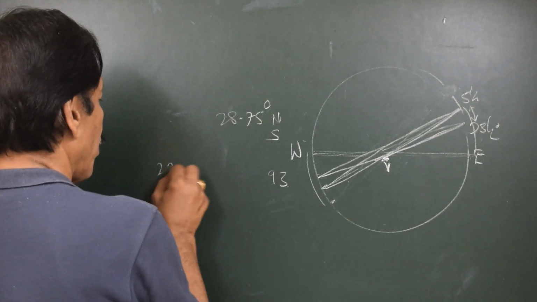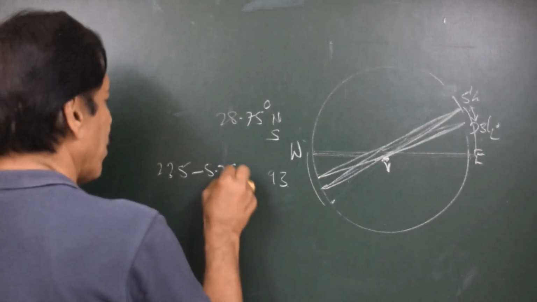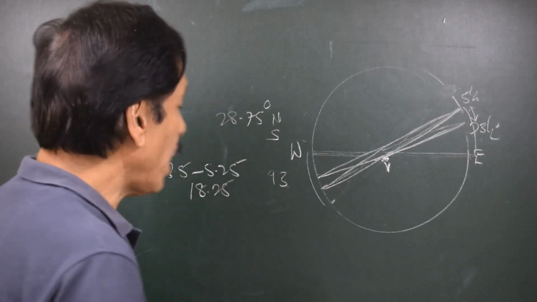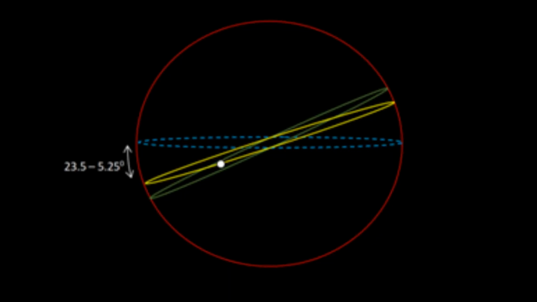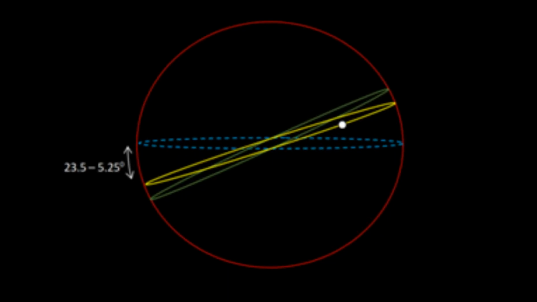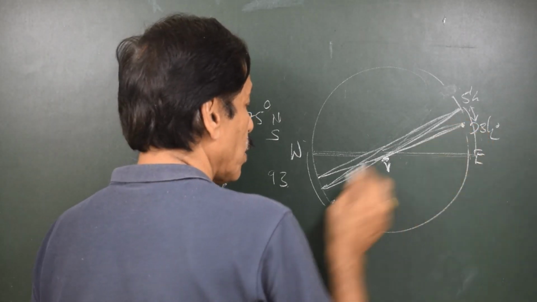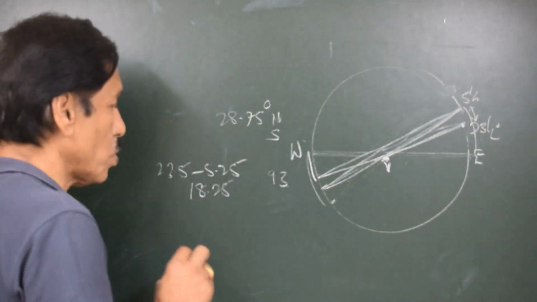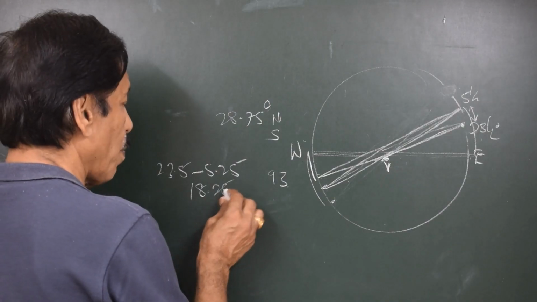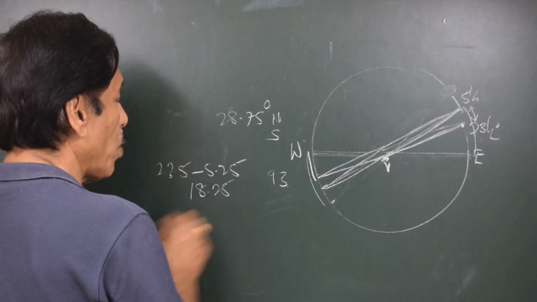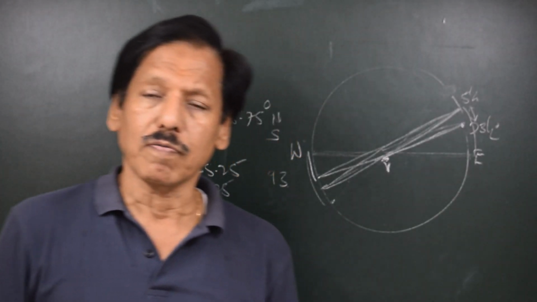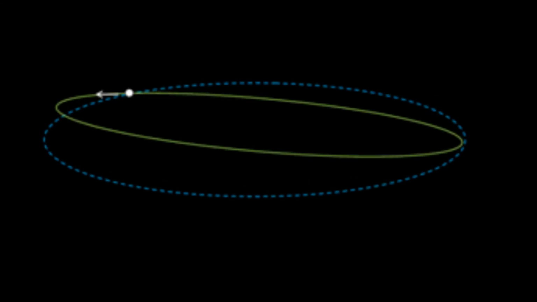So 23.5 minus 5.25, that means 18.25. The declination in that lunar month will be 18.25 north to 18.25 south. That means the moon's declination in a lunar month would be anything from plus minus 18.25 to 28.75, north or south. This is because of the regression of the nodes westerly.